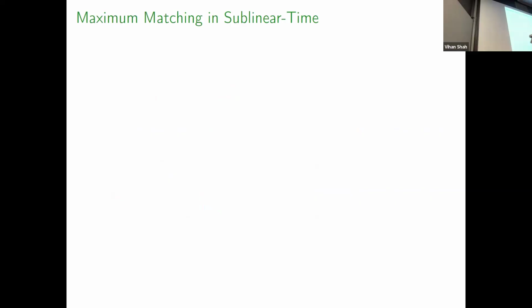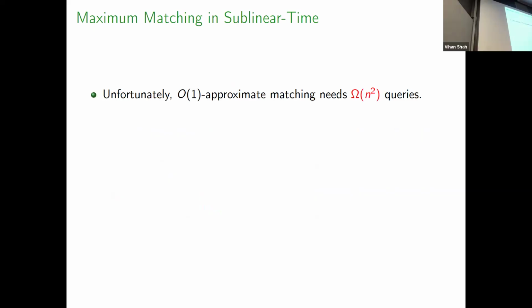All right. So what do you know about matching in this sublinear time model, right? Unfortunately, you can't do anything. If you want a constant approximation for matching, it needs n square queries, right? So you essentially have to look at the entire graph, even if you want a constant approximation.